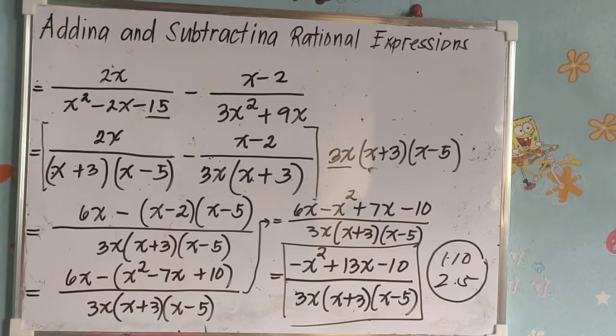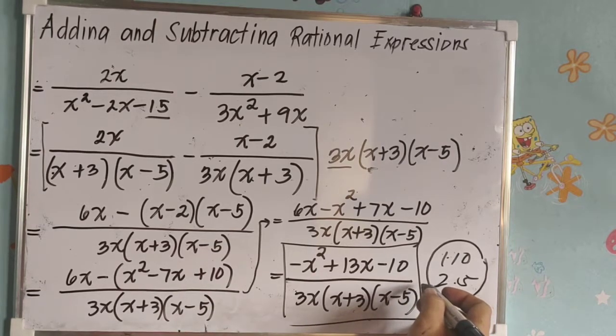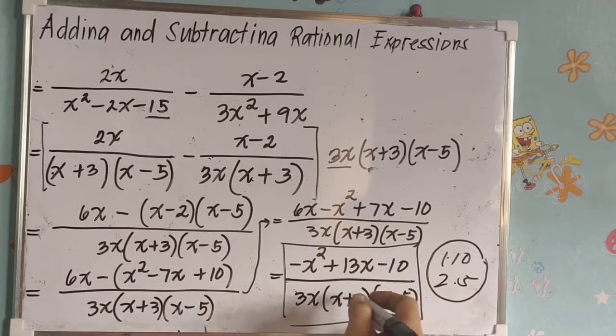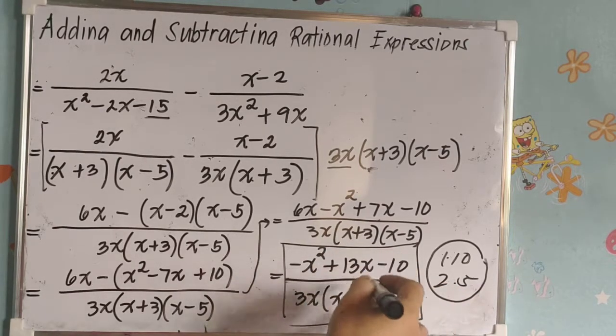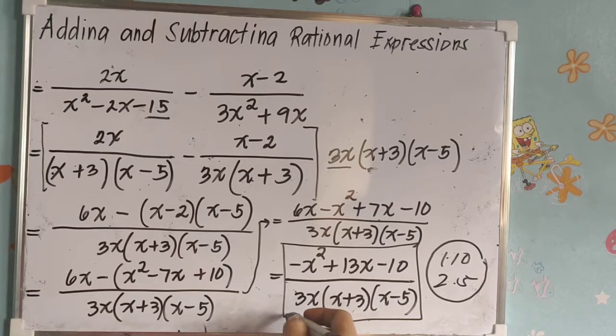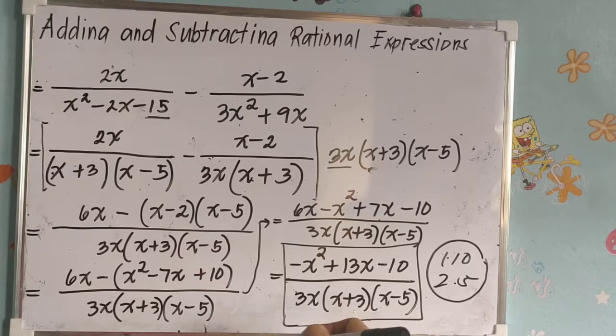So if you have noticed, our final answer is no longer reducible to lowest terms. Take note that we tried to factor as much as possible to see if there is still a common factor to be cancelled out, but it so happened that it is already in lowest terms.